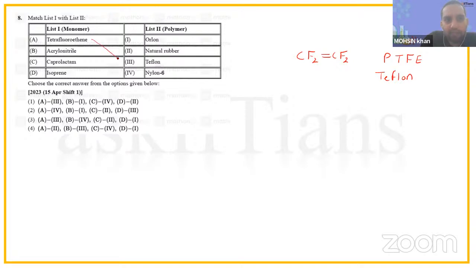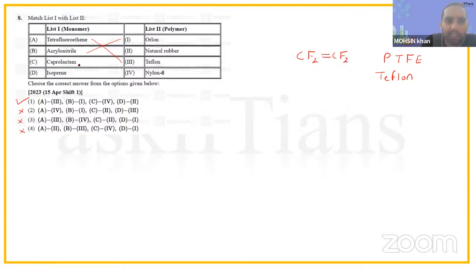So tetrafluoroethene will match with Teflon. So second and fourth cannot be the answer. Acrylonitrile will give polyacrylonitrile, which is also known as Orlon. So now third cannot be the answer. So the answer we have got is first.